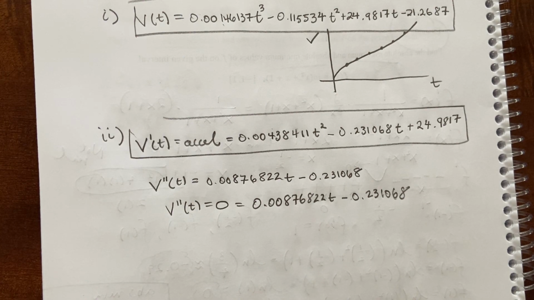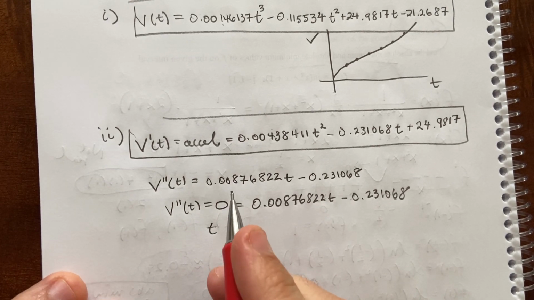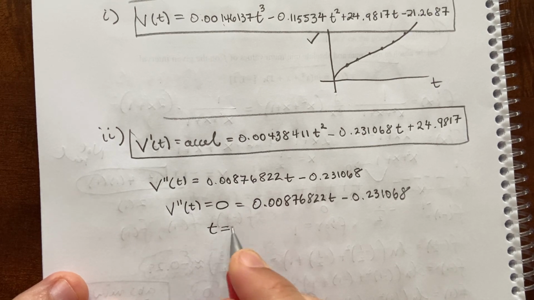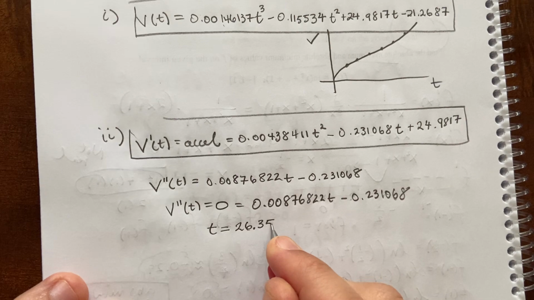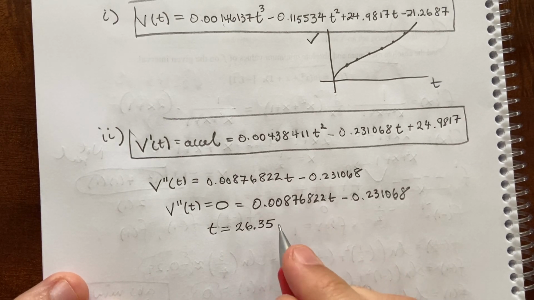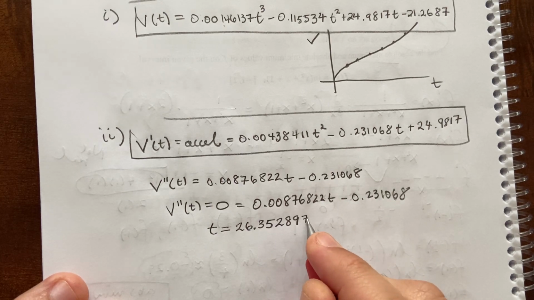So v double prime of t set to 0, solving this. So solving that for t, what you'll find is t equals 26.35289717.